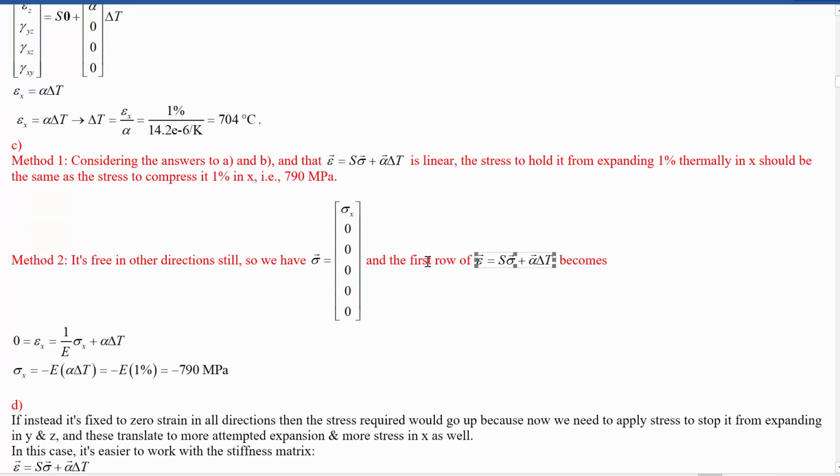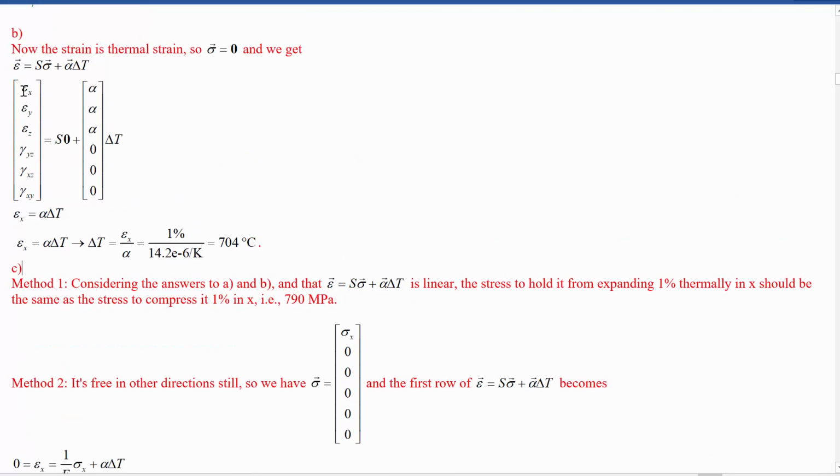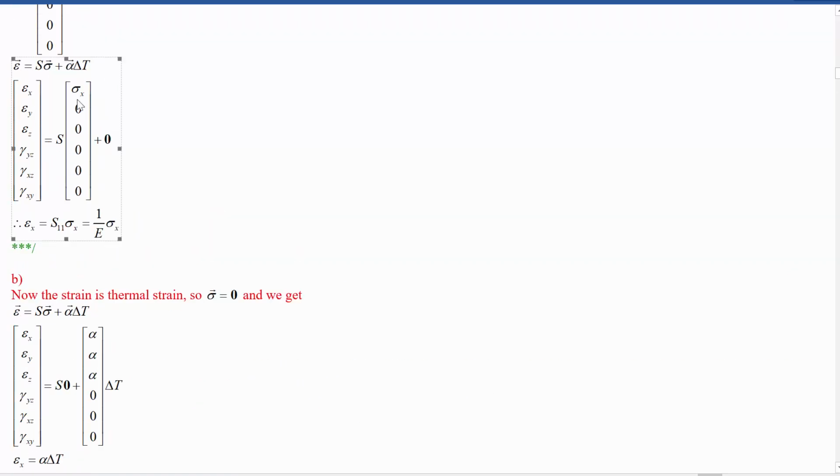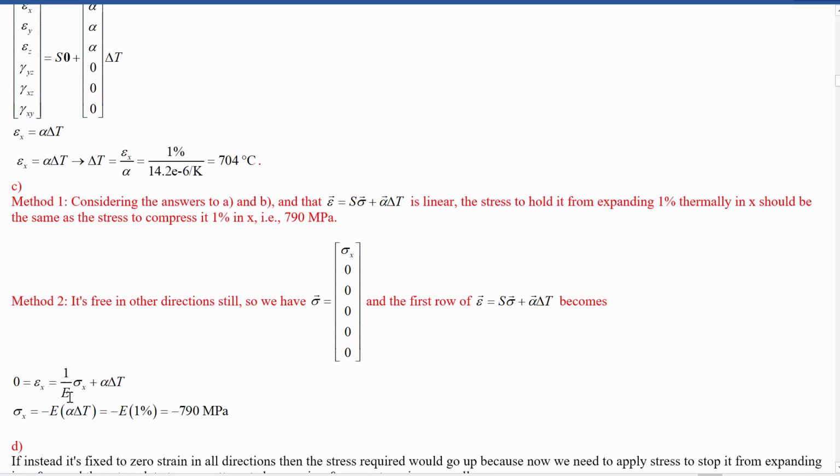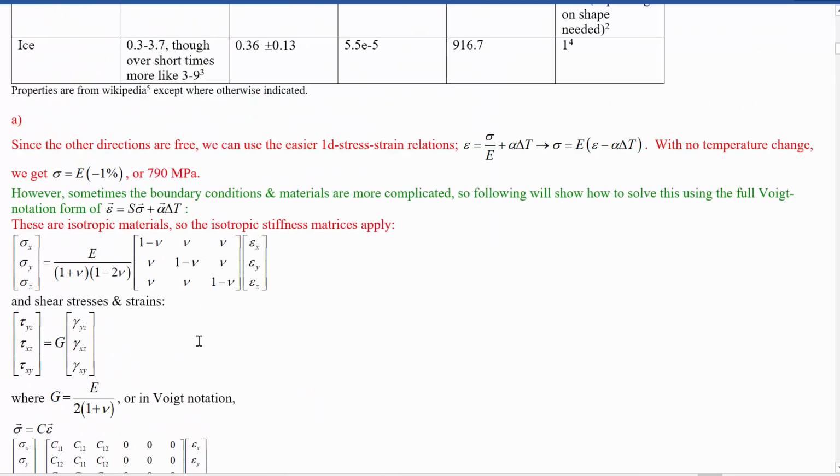In just the x direction, the first line of this equation, the x strain is equal to 1 over E sigma x plus alpha delta t. That's where that relation we used in the short version of it up above came from, if you want to think of it like that.